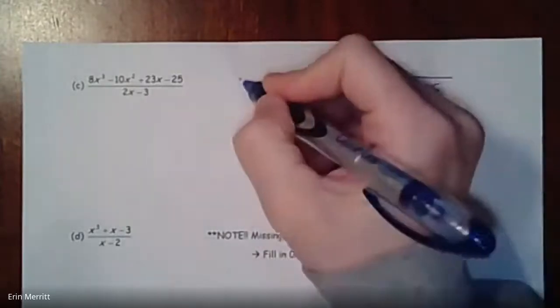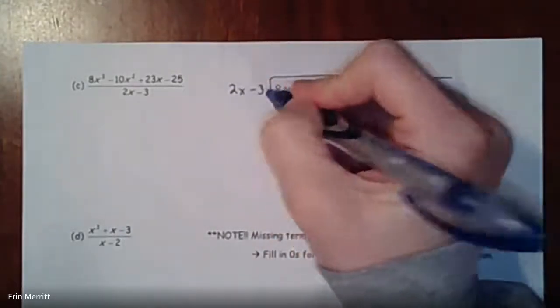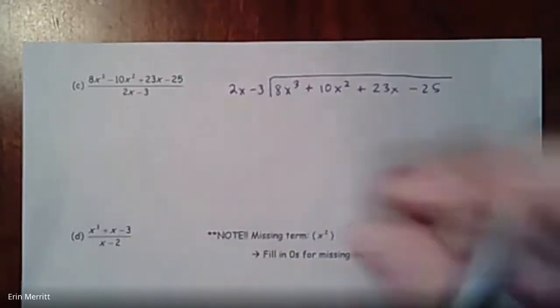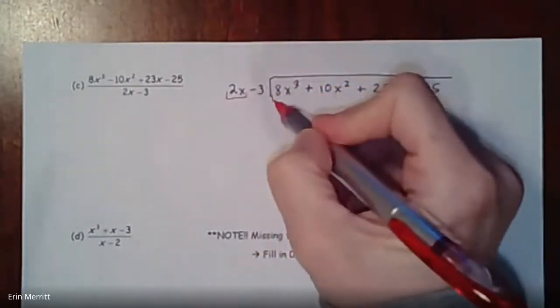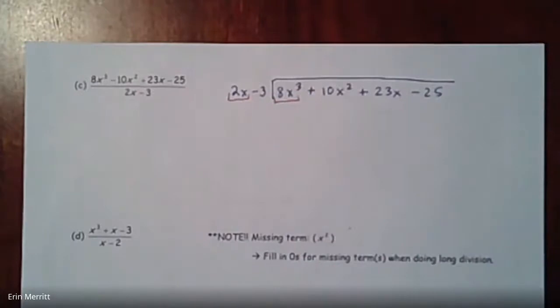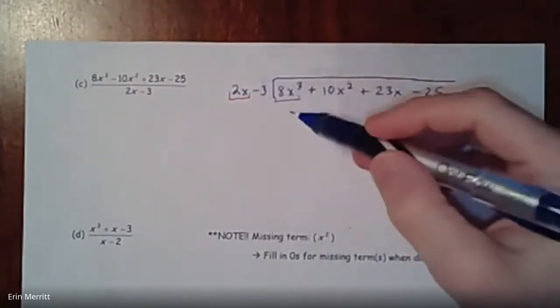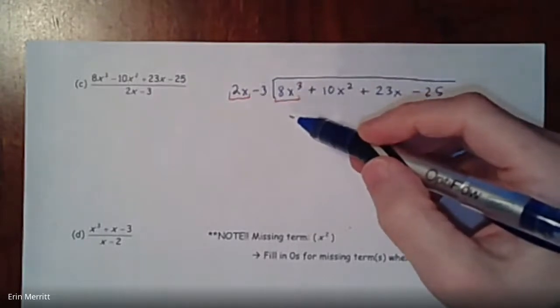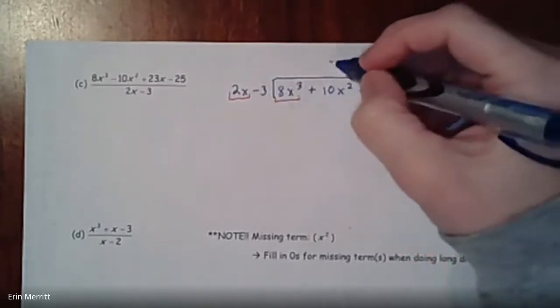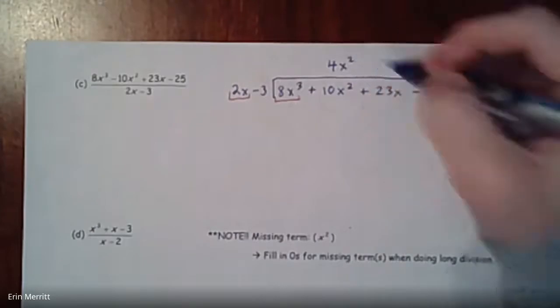All right, and in front needs to go 2x minus 3. All right, again, focus on those first two leading terms there. So what needs to go up top so that when I multiply it by 2x, I'll get 8x cubed? That's what you have to ask yourself. Hopefully you're coming out with a 4x squared.